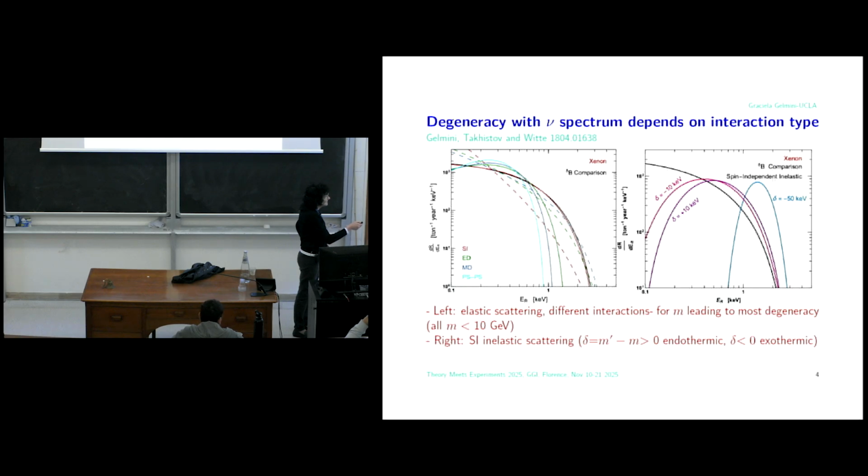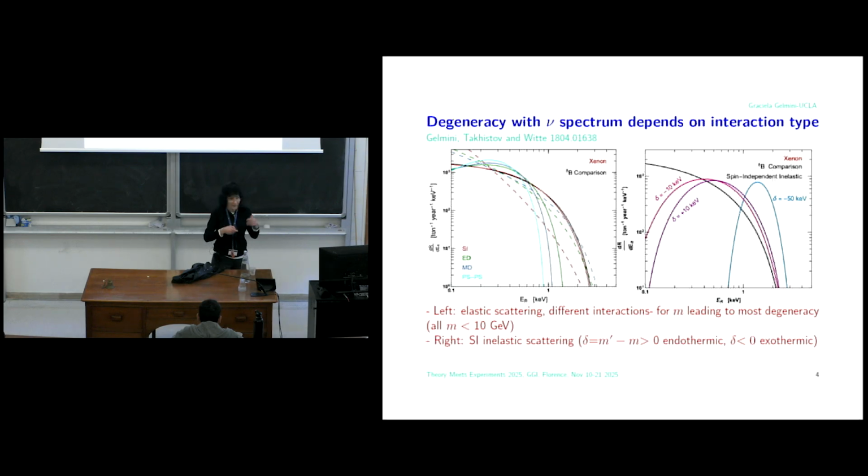These lines are chosen either for a heavy mediator, solid lines, or for a light mediator, dashed lines, in such a way that for the different types of interactions that are portrayed here, the mass of the particular WIMP chosen there maximizes the similarity.